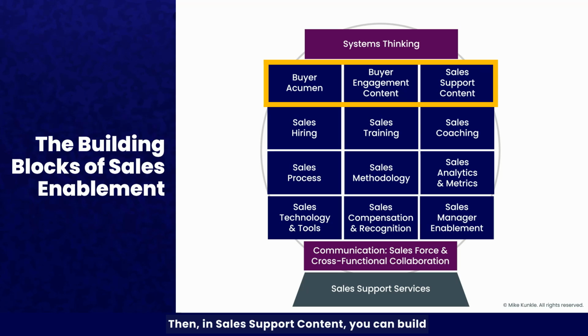Then in sales support content, you can build the playbooks and sales support content needed to help your reps sell to these buyers effectively. Those are the first three building blocks: buyer acumen, buyer engagement content, and sales support content.